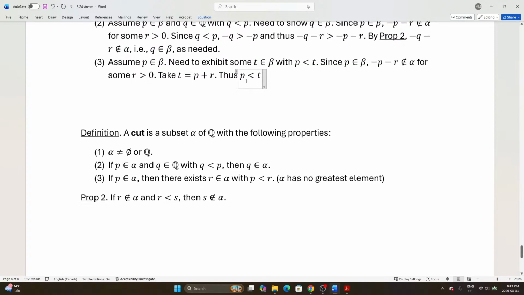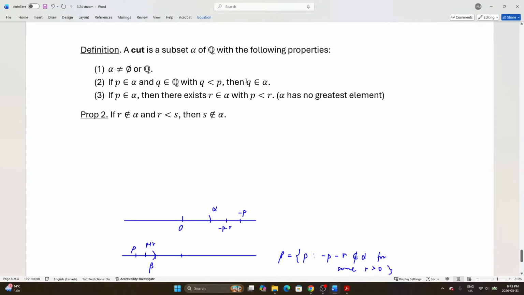Well, if t is in beta, I need to show that there is something between minus t and the boundary of alpha.